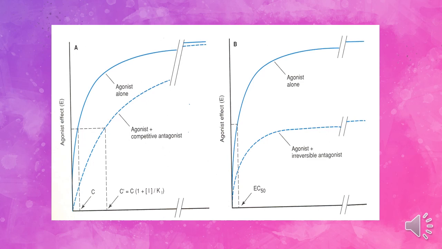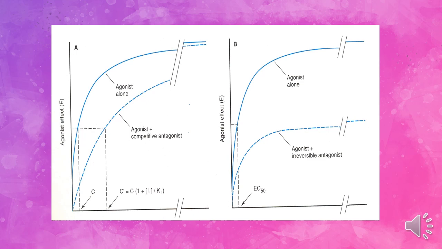In picture B, you can see that in the presence of irreversible antagonist or non-competitive antagonist, the curve is very much lower than agonist alone. So we can see that we are not getting the required therapeutic effect or more therapeutic effect in presence of antagonist.